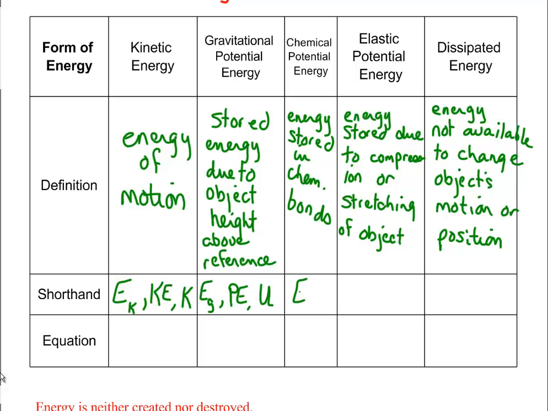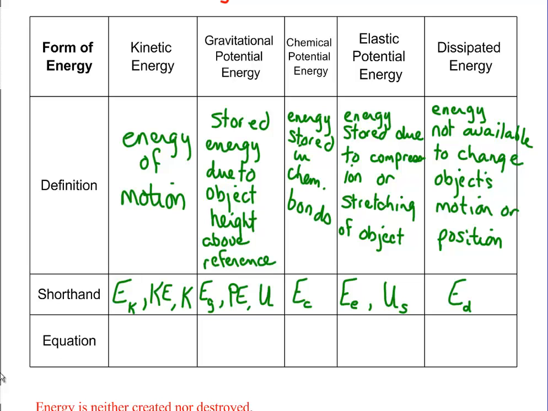The symbol that would tend to be used would be E sub C for chemical. Elastic potential energy, again, E for energy, with a subscript E for elastic potential energy, and AP uses U with an S subscript. My guess is for stretch. Dissipated energy, energy, and D for a subscript.